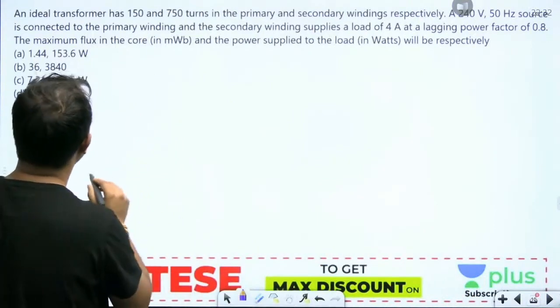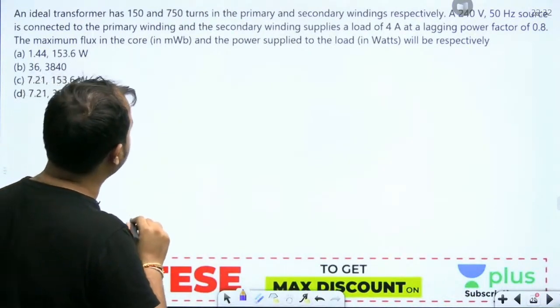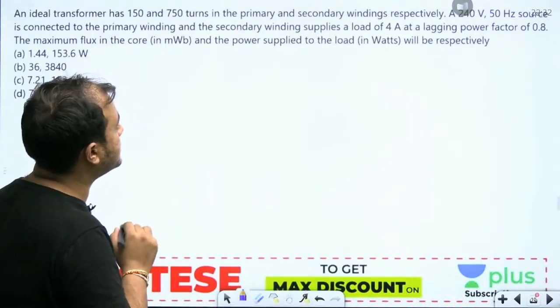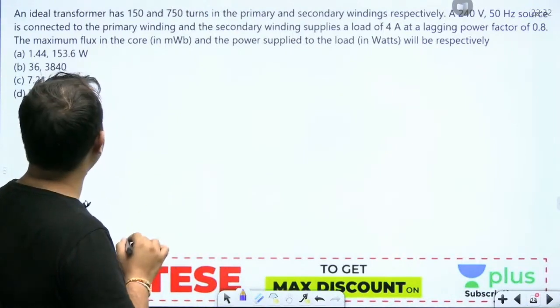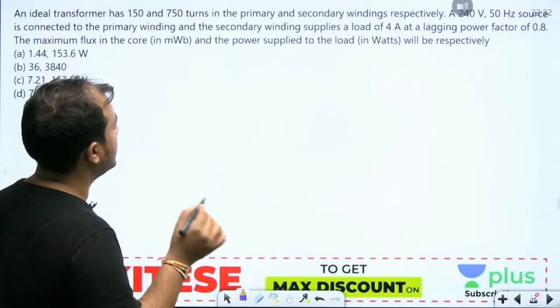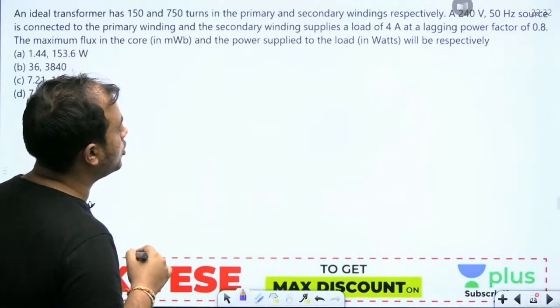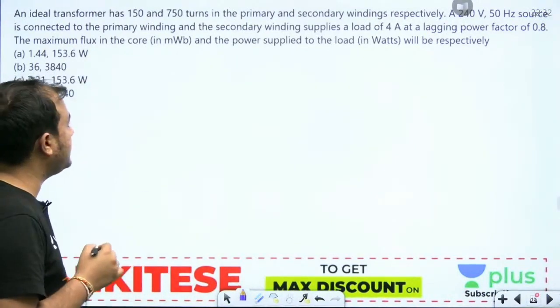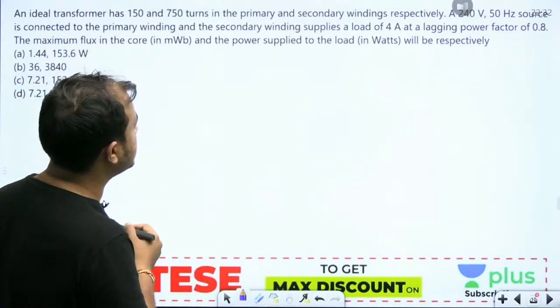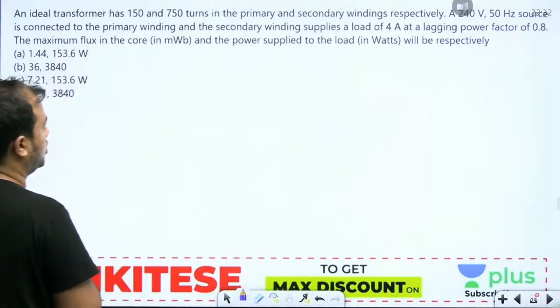Now let us see. An ideal transformer has 150 and 750 turns in primary and secondary. A 240 V 50 Hz source is connected to primary, and secondary supplies a load of 4 ampere at 0.8 lagging. Find the maximum flux in the core and the power supplied to the load.